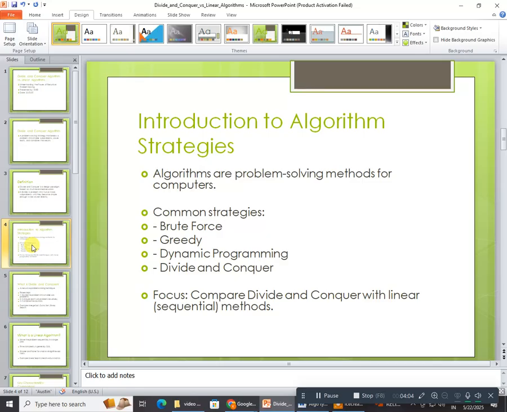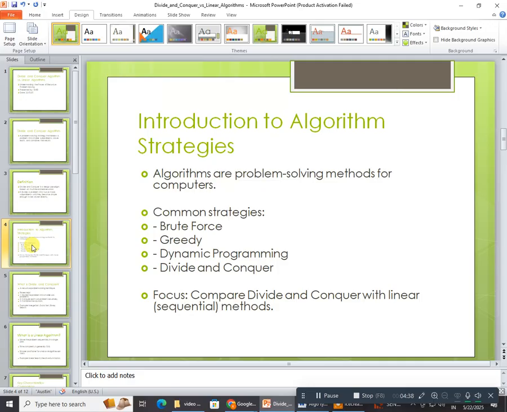Next is dynamic programming. Dynamic programming actually has nothing to do with programming. What we do is use some pre-calculated values to solve a larger problem. We create a table of some values and we reuse the values later while solving a larger problem, so we do not have to recalculate them again.